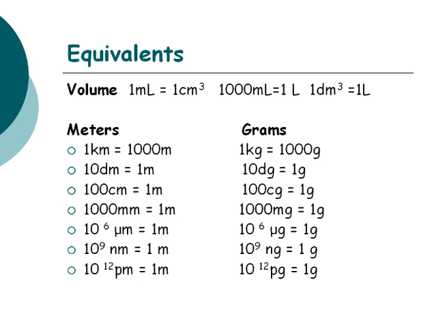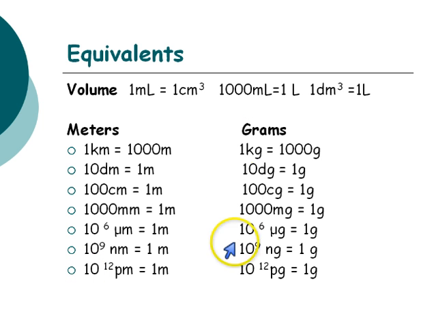This slide is just a slide of equivalents. I have this posted in Schoology, and you should probably make a copy of it, and you can refer back to it when we're doing sample problems. Here we have volume: 1 milliliter equals 1 cubic centimeter, or 1,000 milliliters equals 1 liter. And here we have meters.